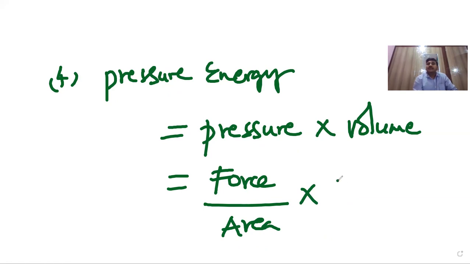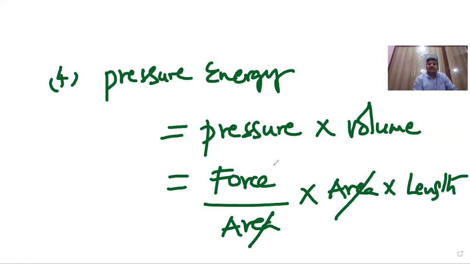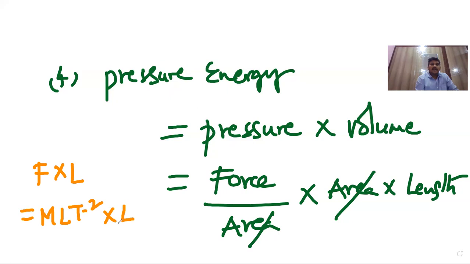Volume is area into length. So area goes out. Finally, it becomes force into length L. So what is the force dimension? MLT minus 2. Length is L. So final dimension formula is ML square T minus 2, which is same as that of the work and energy.